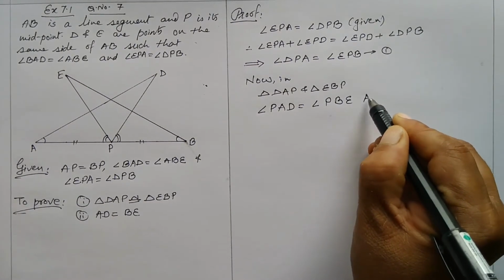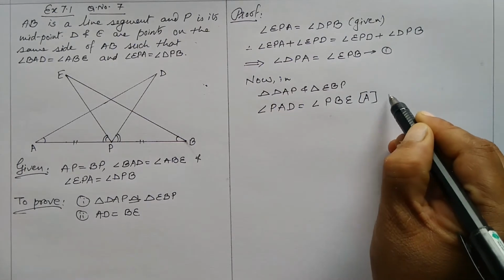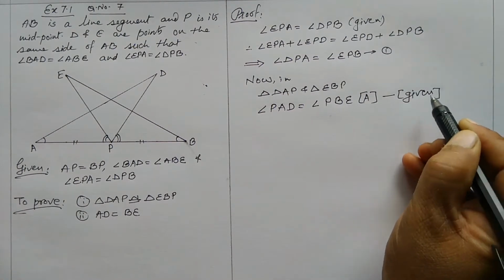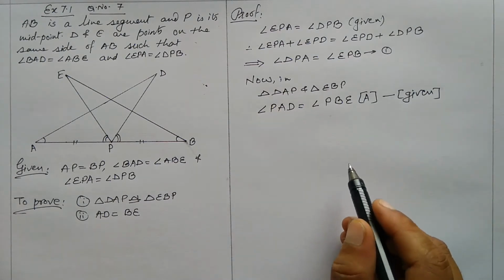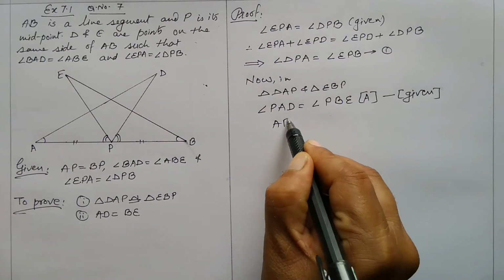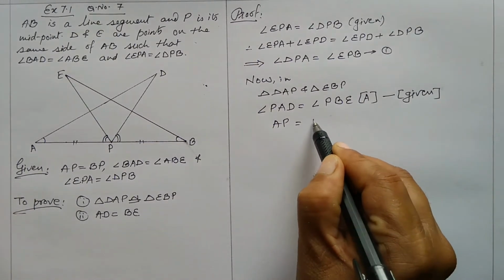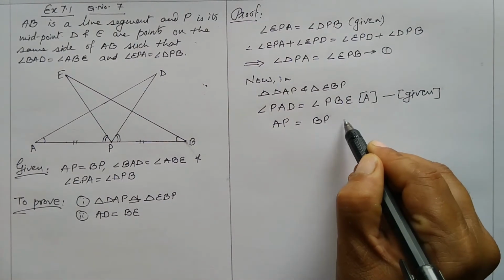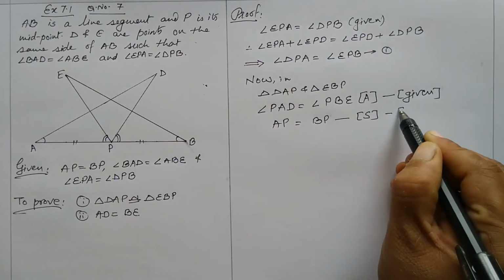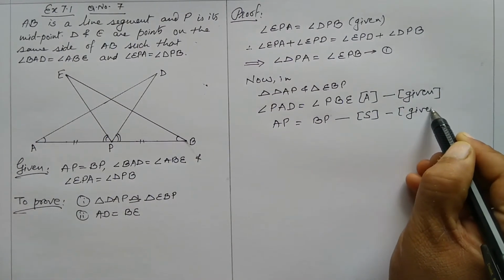This is one pair of corresponding angles. I will write here: given. Then what else? AP is equal to PB. So this is side. I will write S for side, and here also we will write given.